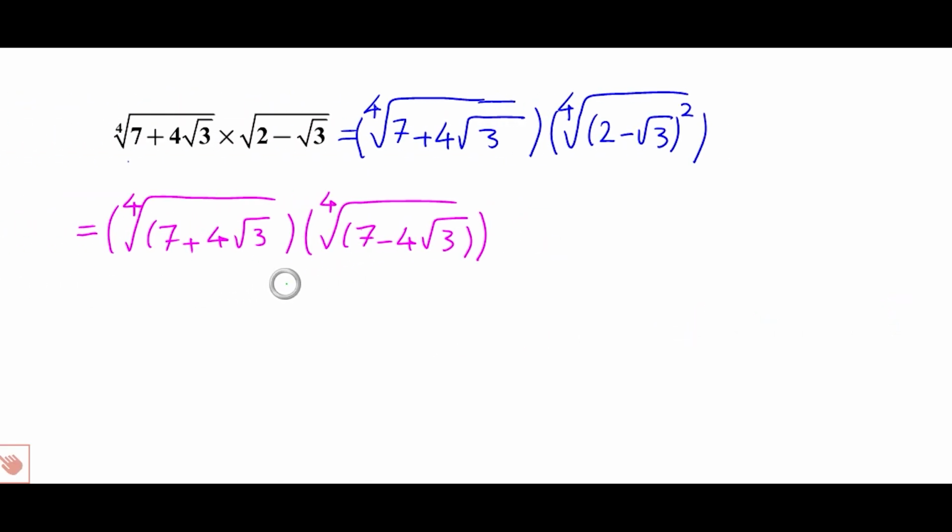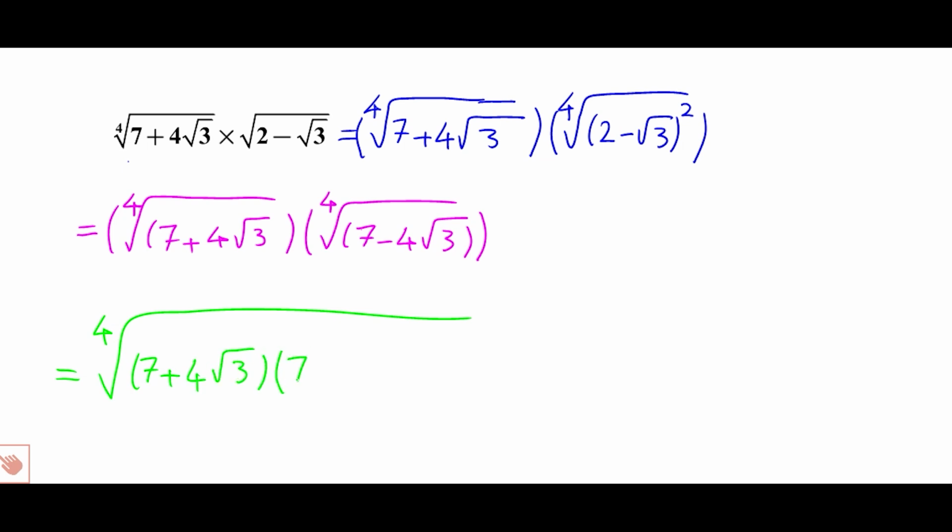Now that the indices of the radicals are equal, we can multiply the numbers inside them together and write them as a single radical with an index of 4. So we have the fourth root of 7 plus 4 times the square root of 3, times 7 minus 4 times the square root of 3.